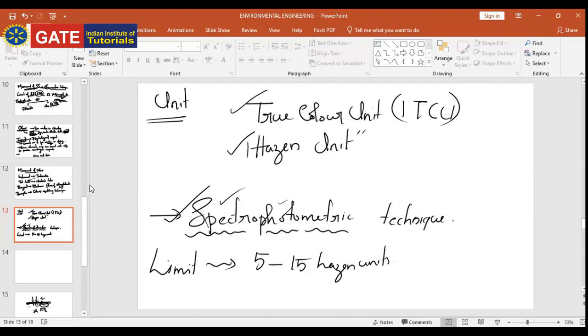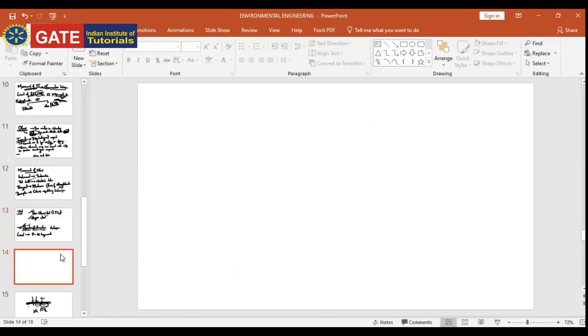It will be 5 to 15 TCU. We will be using Hazen unit as the standard. Now that is about color, and after that we'll move on to the next parameter, that is taste and odor.